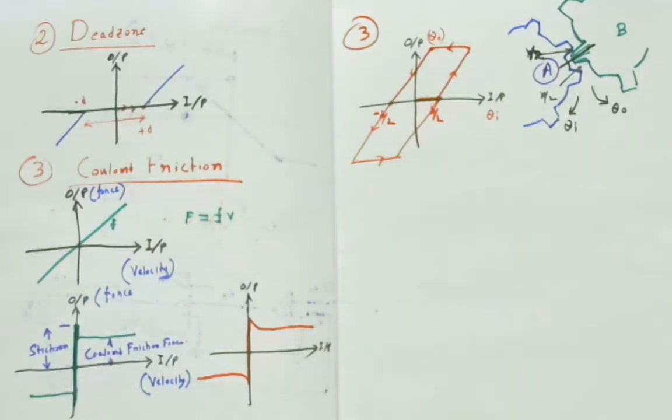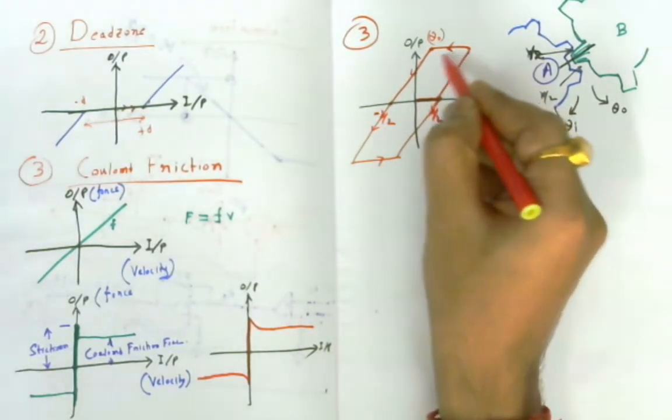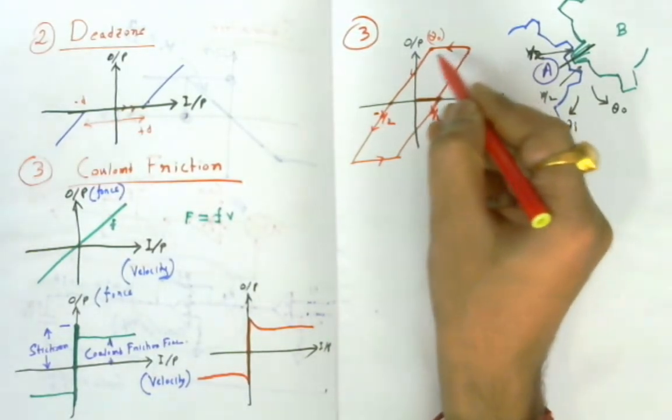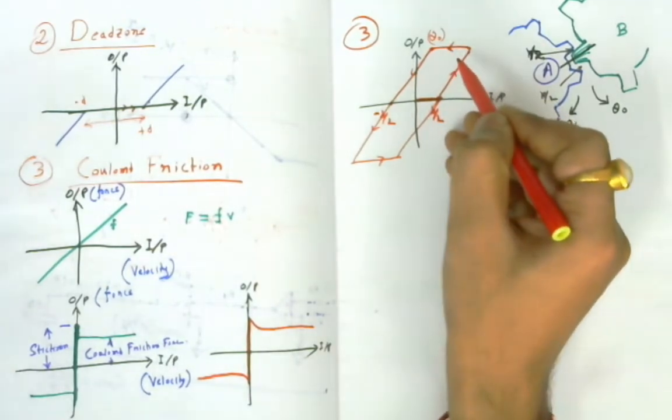Another important point I want to say is that backlash nonlinearity is also called a memory type of nonlinearity. It is not memoryless nonlinearity. What is memory type and memoryless? For memory type of nonlinearity, the output depends on the history of the input.